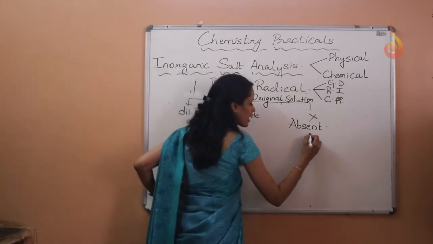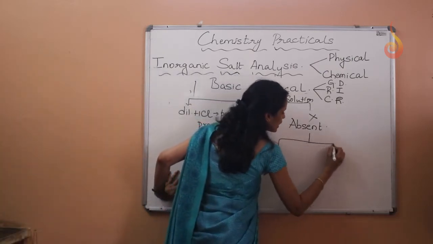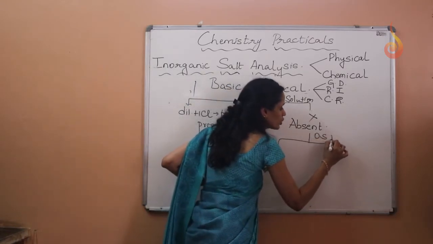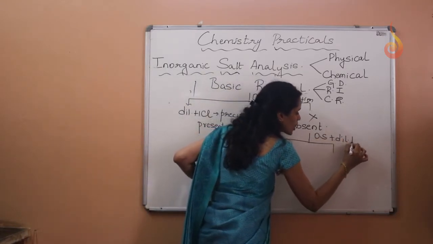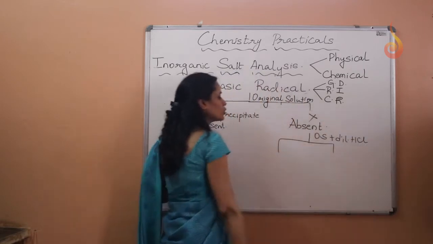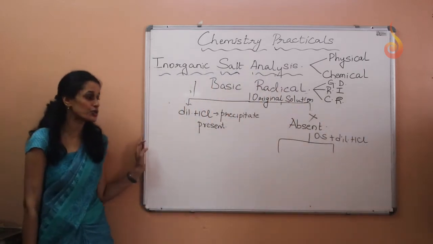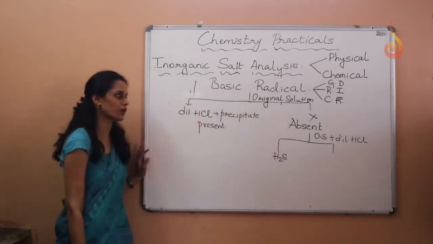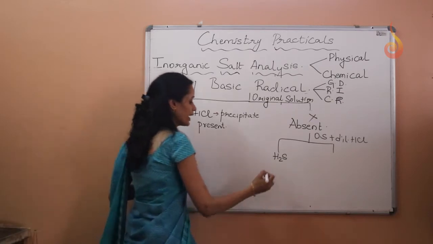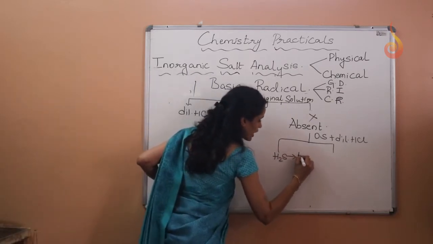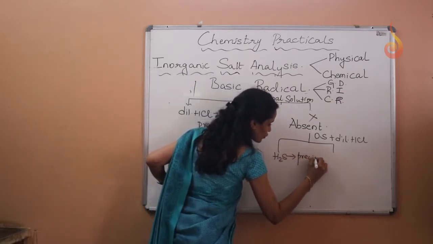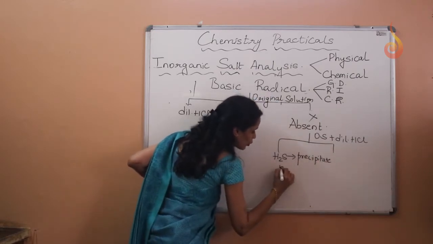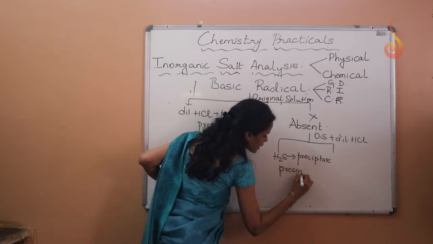Now to the same solution, which means in a test tube where we have already taken the original solution and added dilute HCl, if we add hydrogen sulfide and observe any precipitate, then second group basic radicals are present.